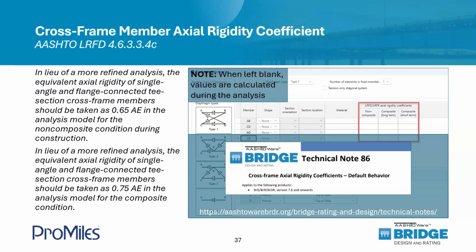Effectively, this would apply that reduction twice. So for any existing models where the member properties may have been overridden, we'd recommend reviewing them and either using an override coefficient in this table of 1.0 to not apply it a second time, or to update those member properties and then let the analysis engine determine the appropriate coefficient.